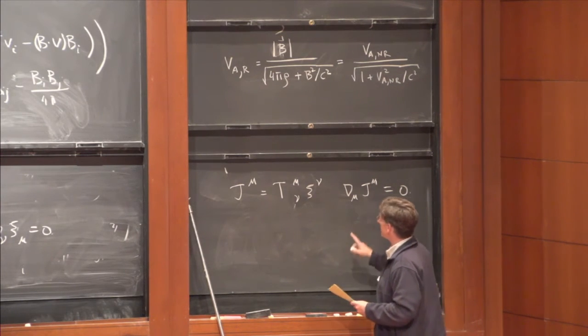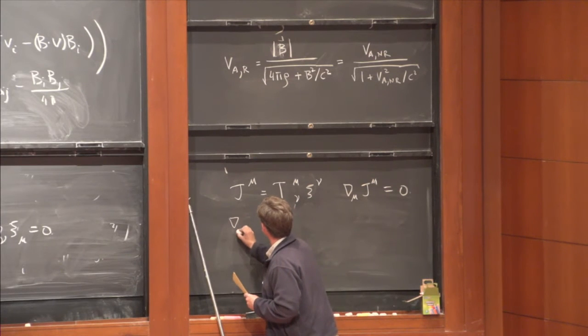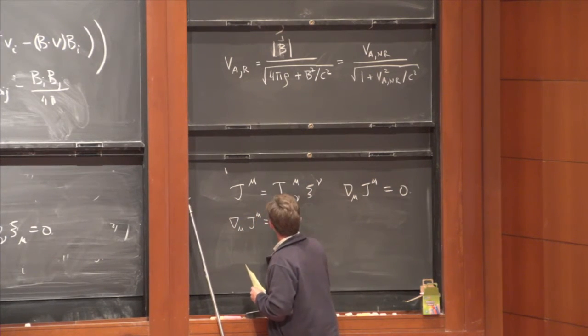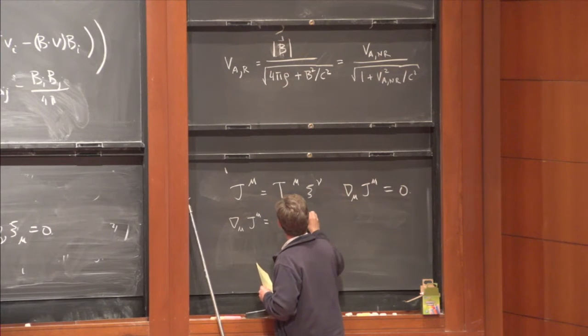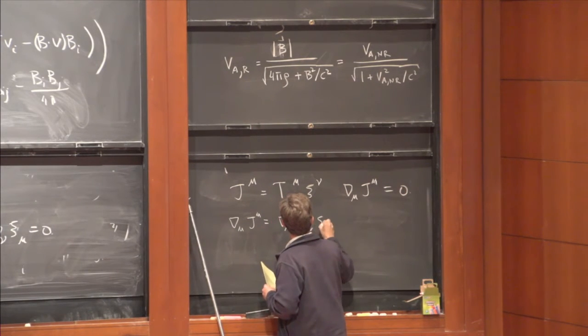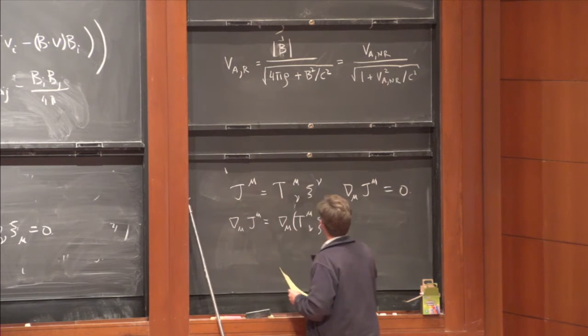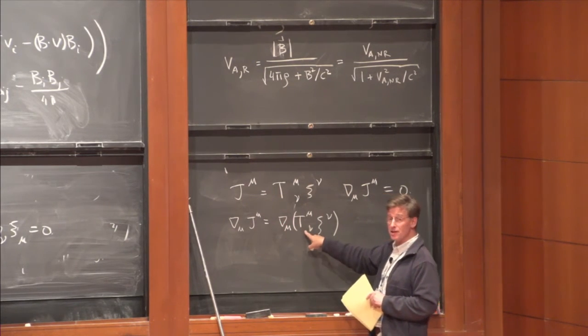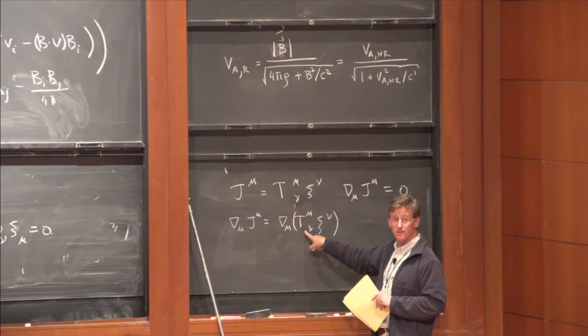So let's just evaluate this and show that this is true. This takes 2 lines. Okay, so the covariant derivative acting here is 0.